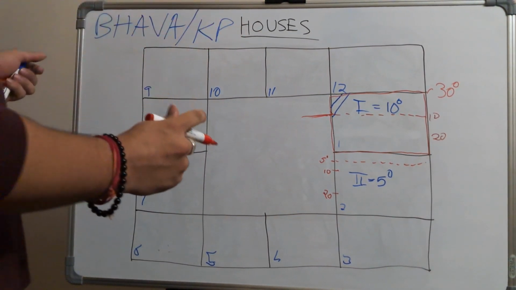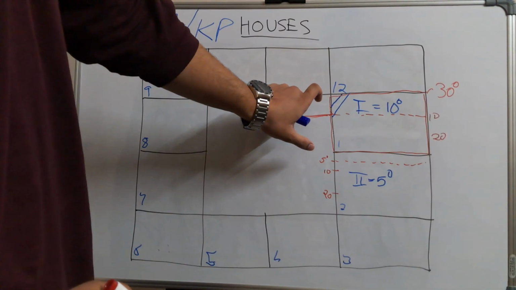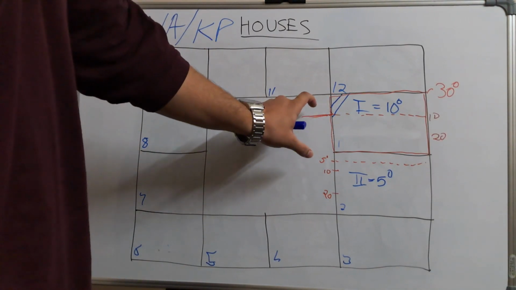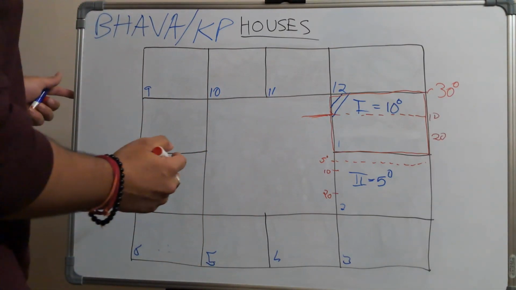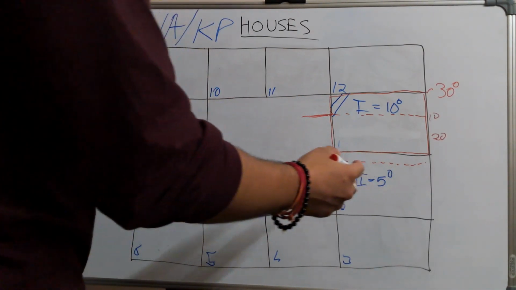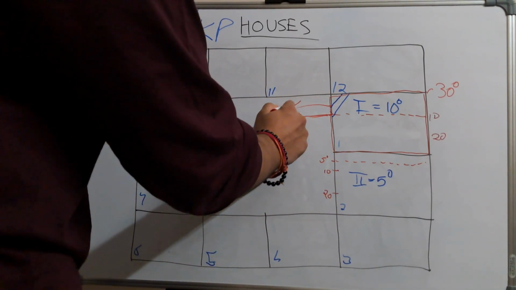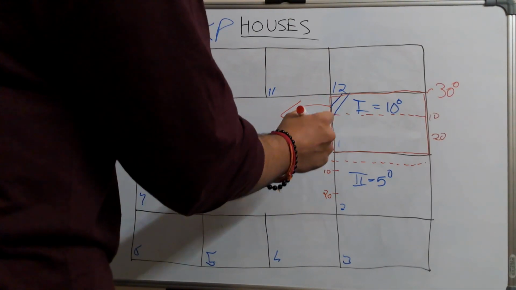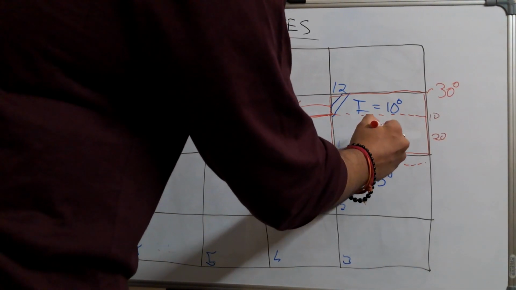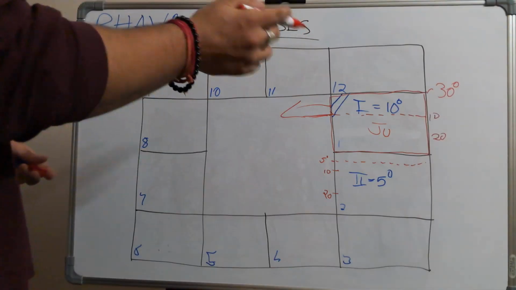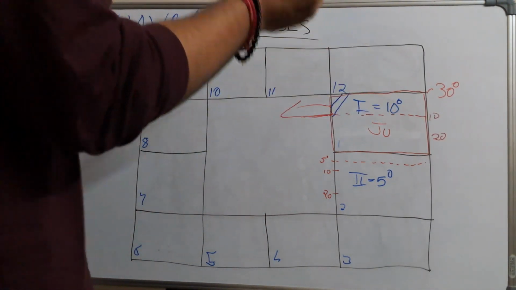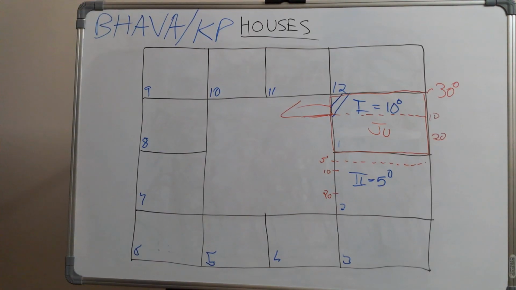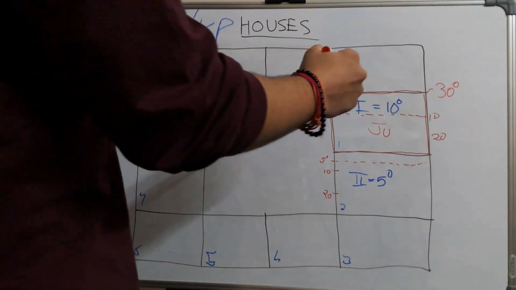Okay, I'll finish this first. So the first house is from here to here. So suppose here in the first house Jupiter is situated, just like Rahu was situated in the previous example chart I made.